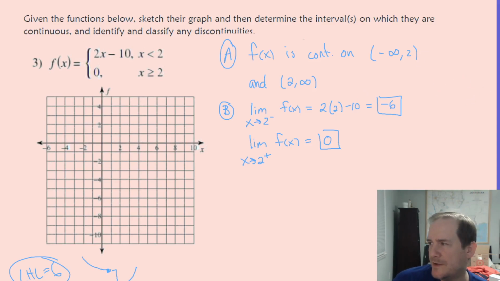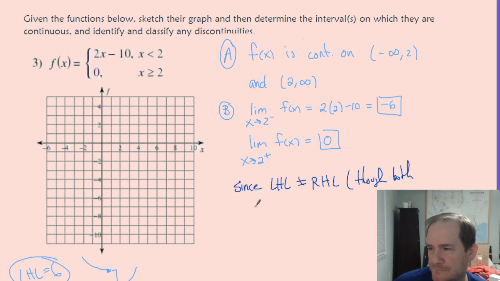Now if you want to maybe not use so many mathematical symbols, give me those limits. This is all you need, and now just say since the left-hand limit does not equal the right-hand limit, though both exist and are finite, f of x has a jump discontinuity at x equals 2.